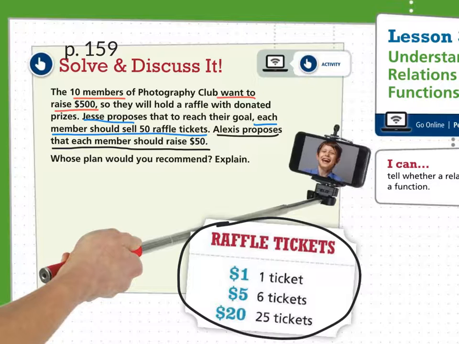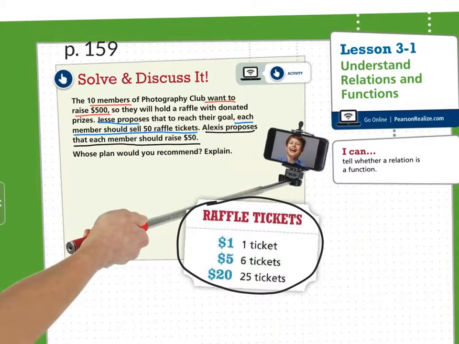If people bought the 25 ticket bundle for $20, technically if we sold that again to another person, that would be 50 raffle tickets for only $40. If each person only sold $40, we have 10 people, that'd be $400, not $500. So actually the better method, like Alexis said, would be to make sure each person is collecting at least $50.